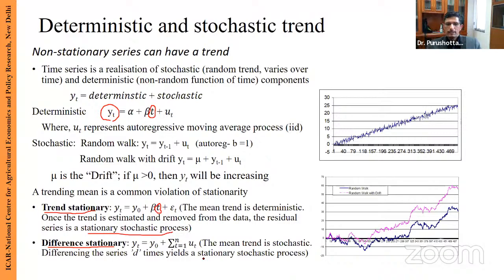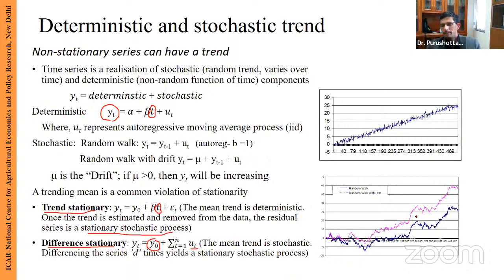If the trend is stochastic, we generally difference the series. This one is with the drift, and this one is a combination, or accumulation, where your error is accumulated over time.